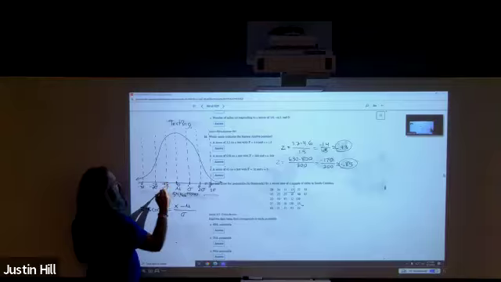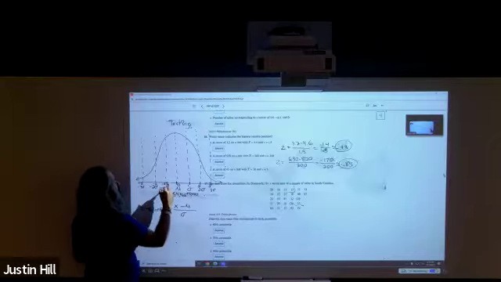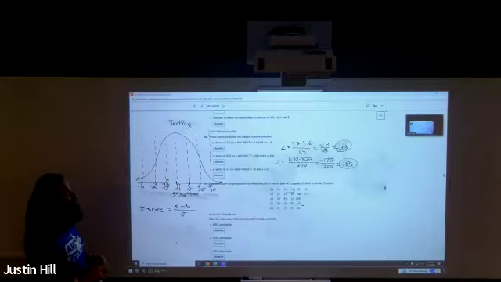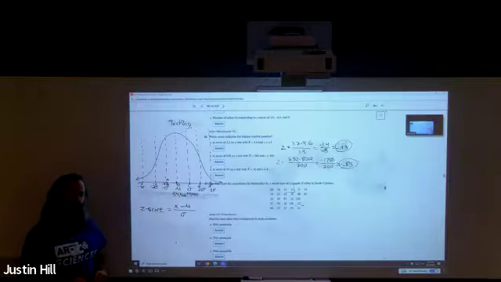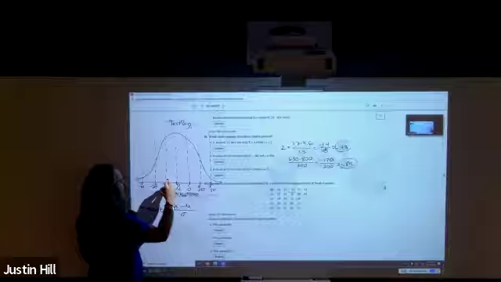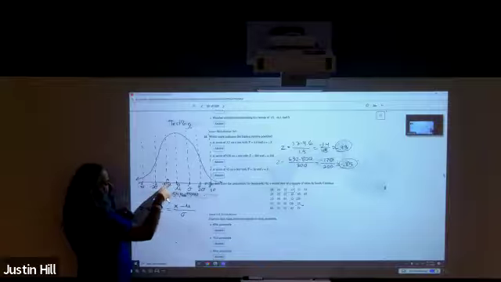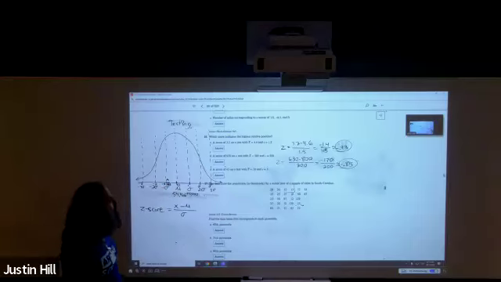So that's person A. The second person was negative 0.85. Are they closer to 0 or farther from 0? They're a little closer. So this person relatively didn't do much better, but they did do a little better. So maybe that's person B there, negative 0.85, just a little closer to 0.